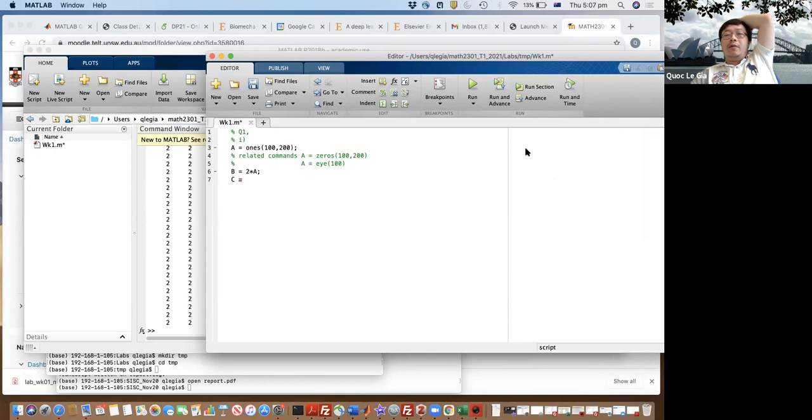What is the pattern? First, what is the pattern? Can you say what is the pattern for the matrix C? You can put it in the chat box. Anyone?